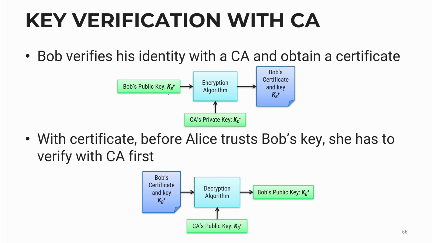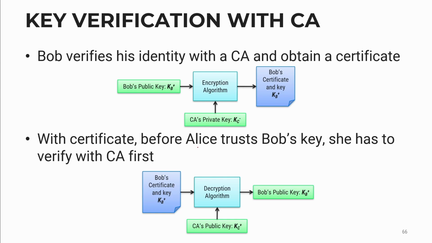Once the CA verifies the identity of Bob, the CA can create a pair of the entity and the public key and sign it using the CA's private key, KC minus here. As a result, Bob is going to have the certificate that shows his name, shows his public key, and is signed using the CA's private key.